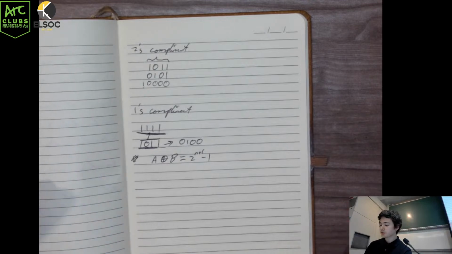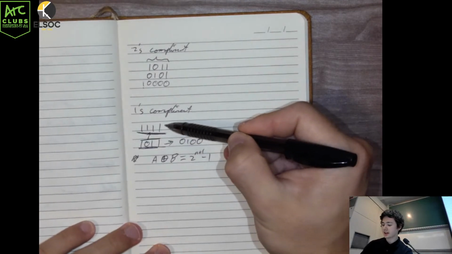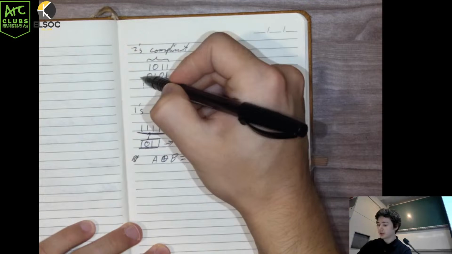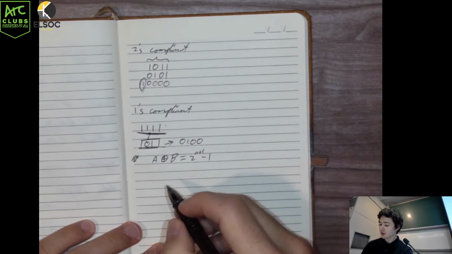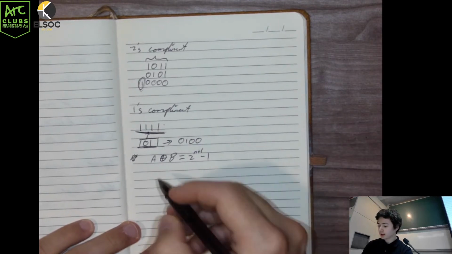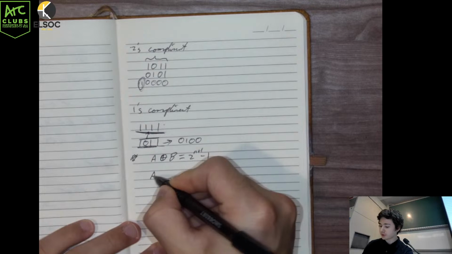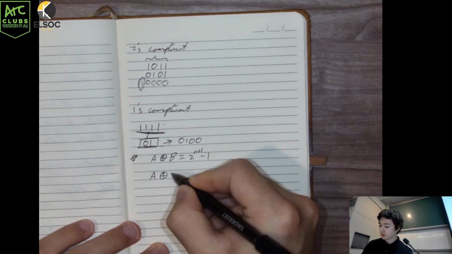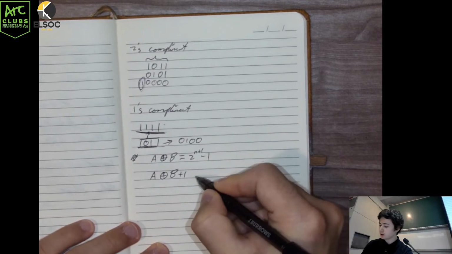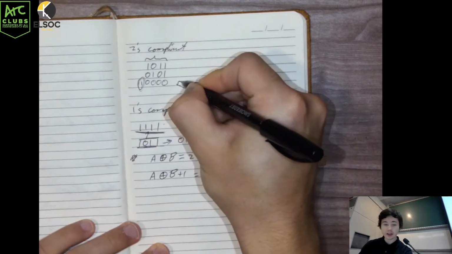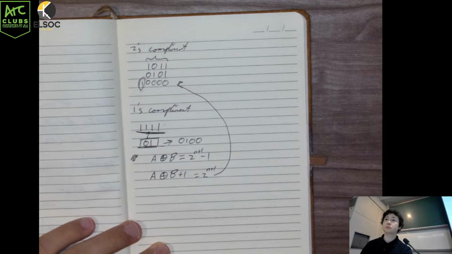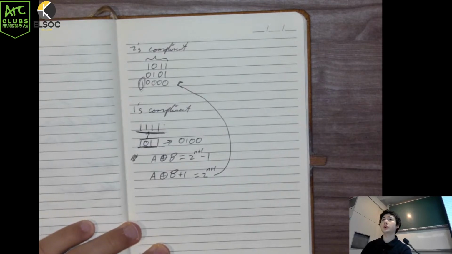It's somewhat straightforward when we understand that we really just want to see how we can lose all our information in the lowest number possible. If we do A XOR B plus 1, that's going to give us 2 to the n plus 1, and this circles back up to give us a 1 out the front.